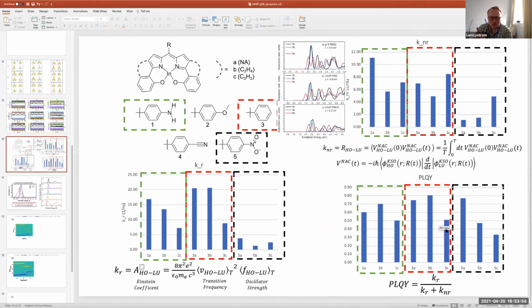So it's closer to 1 for B in both cases. When you go from B to C, the radiative relaxation rate drops, but your non-radiative goes up, which causes your quantum yield to go down. So that mathematically makes sense.